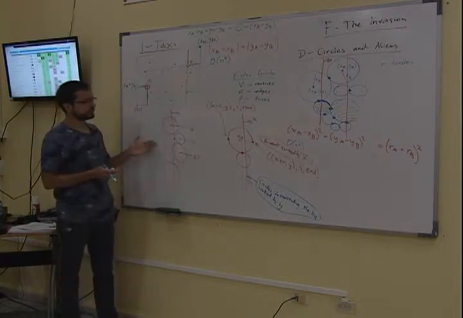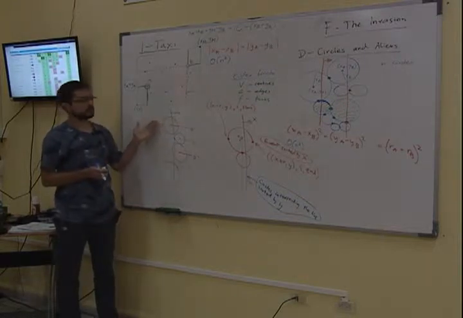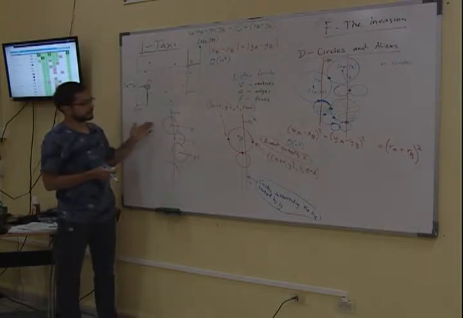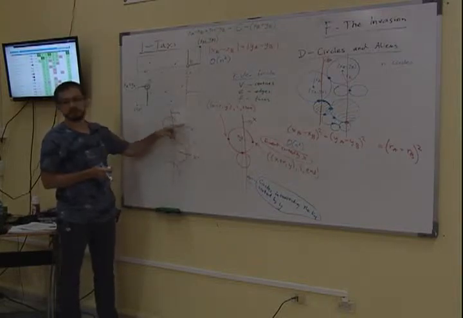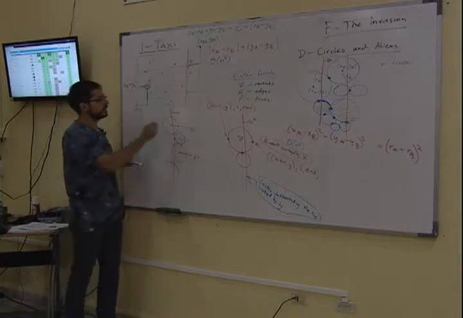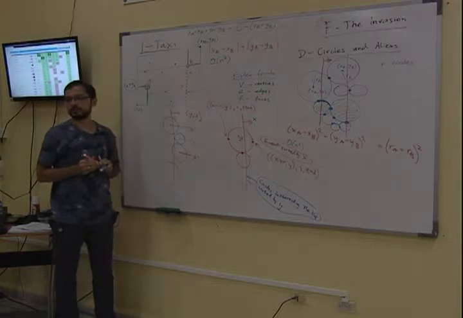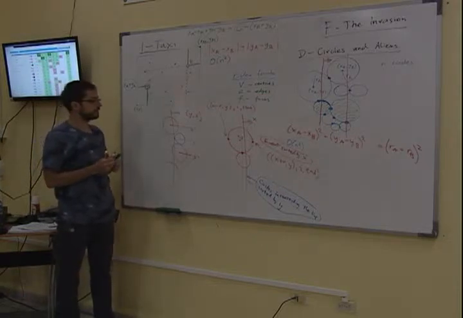So I can just store these circles using a set, sorted by the y coordinates. Basically, I need to store only the y coordinate of the circle and the number of the circle, the identifier.